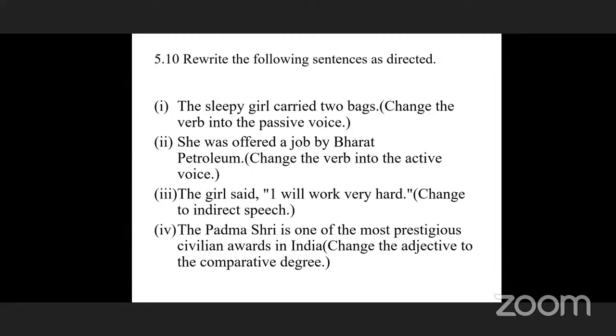How the sentence modifies depends purely on the reporting speech. That means the verb the first part contains, based on that, the remaining sentence will be changed in direct indirect speech. So the answer is: the girl said that she would work very hard. That's all. You are going to learn in detail in the coming classes.